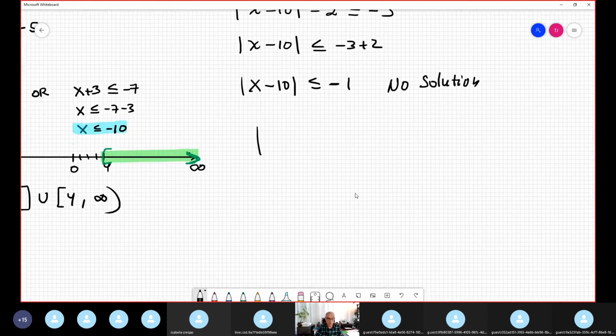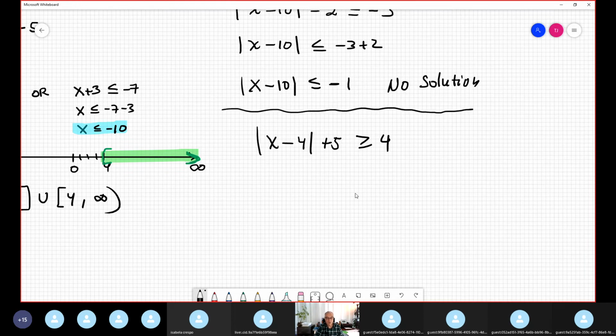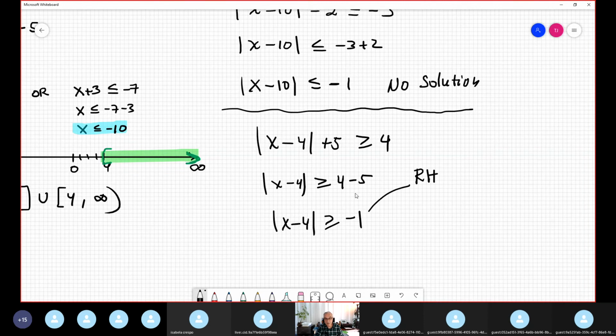Suppose absolute value x minus 4 plus 5 greater than or equal 4. Suppose in the test I put something like that. So is absolute value x minus 4 greater than or equal 4 minus 5, which is negative 1. And you see, wow, one more time, right hand side is negative. Immediately you see, no solution. No, be careful. In this case, different.